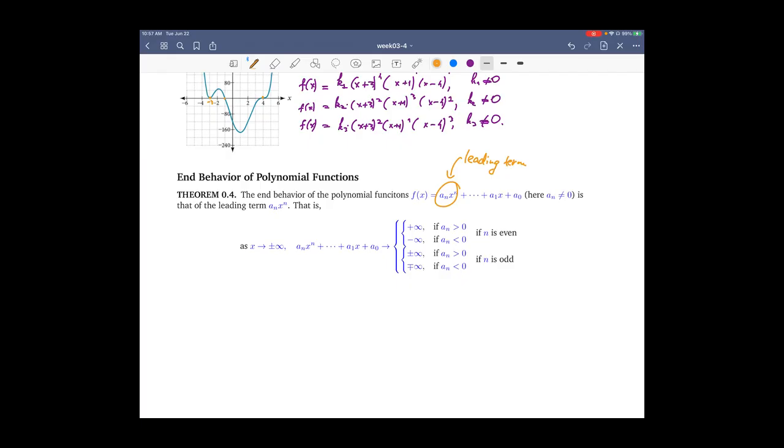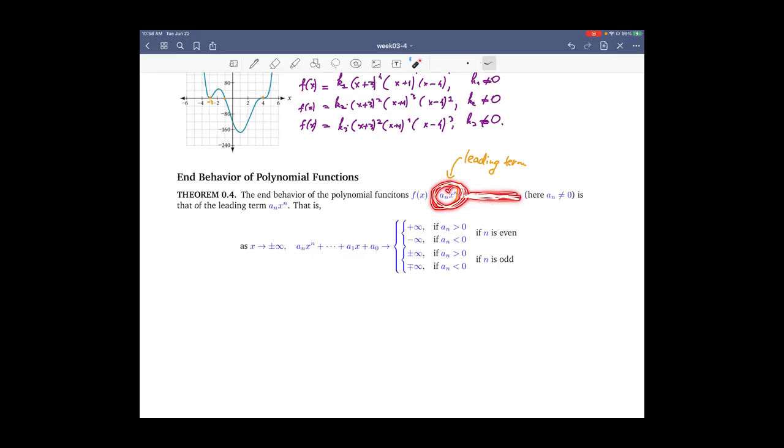By which I mean that the influence of other terms is negligible. The other terms don't affect the end behavior of the polynomial. Specifically, forgetting about other terms, the end behavior of this polynomial is exactly the same as the end behavior of the leading term, which is a power function.